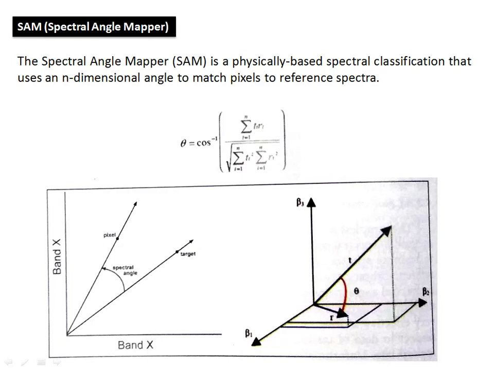The spectra of individual pixels are treated as vectors in n-dimensional space, where n is the number of bands.